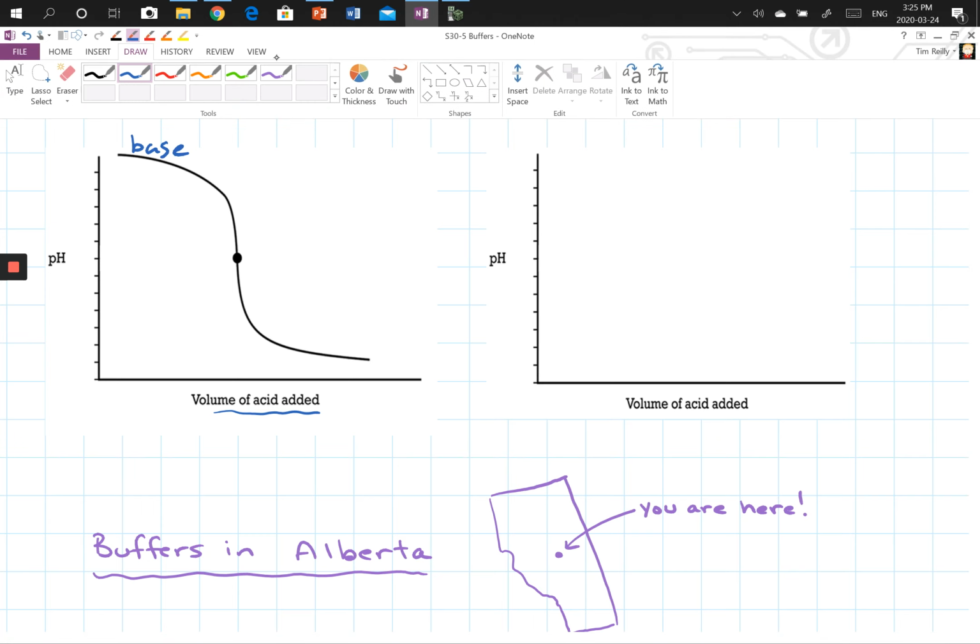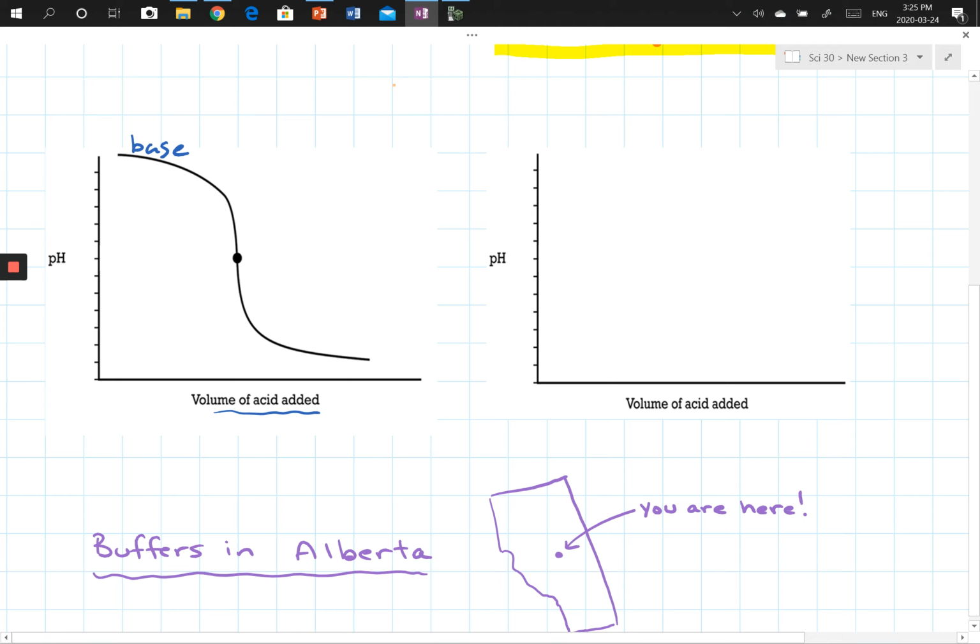I have excess base up here. I add some acid, and then I get to a point where that base has been neutralized. That's called the equivalence point.